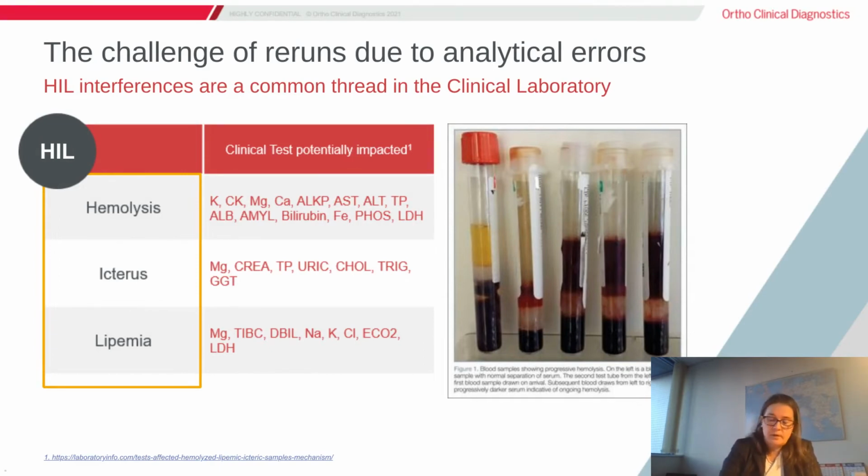Some examples of very common interferences are hemolysis, icterus, and lipemia, which can impact multiple parameters as listed in the table here. These interferences, often linked to sample quality, are a common threat to the laboratory, which is often, by the way, underestimated.